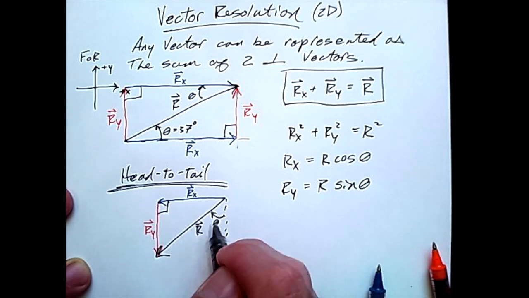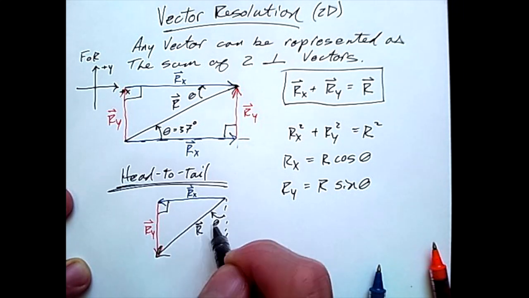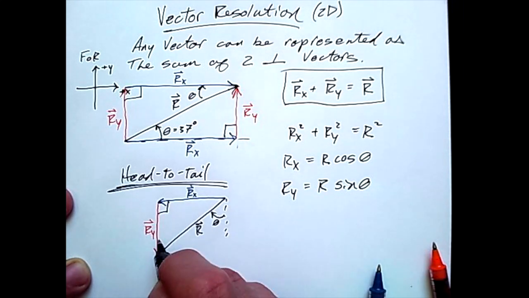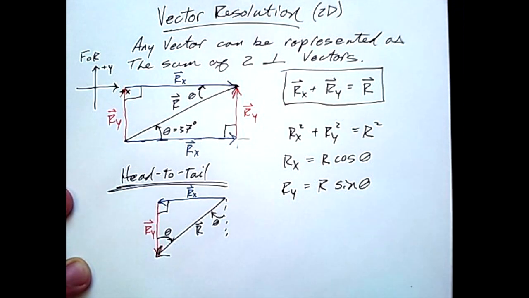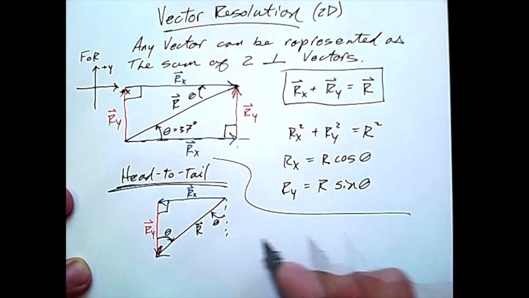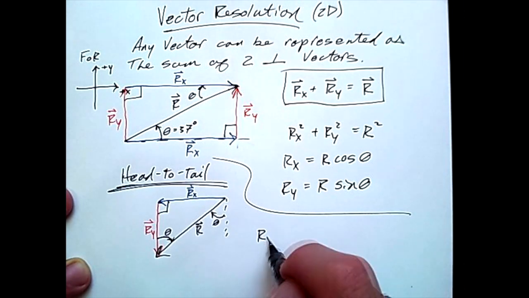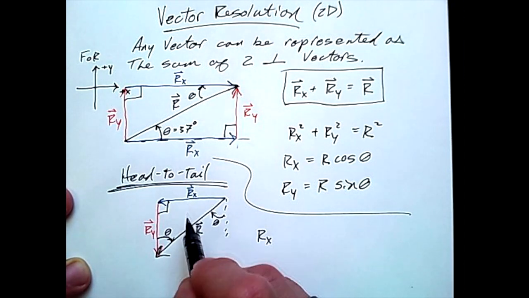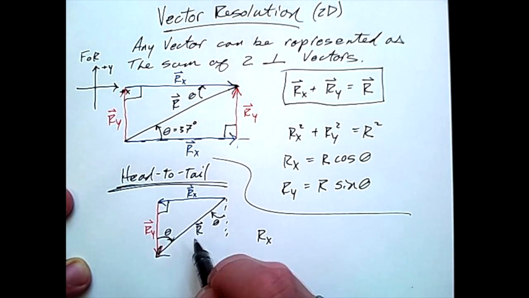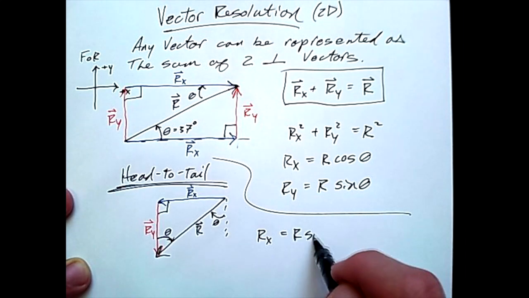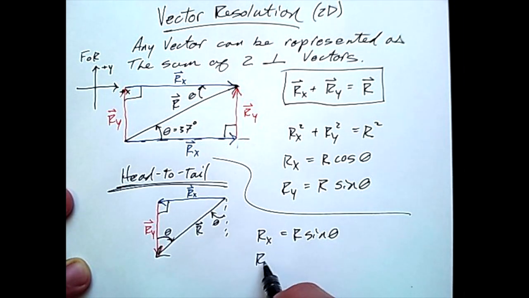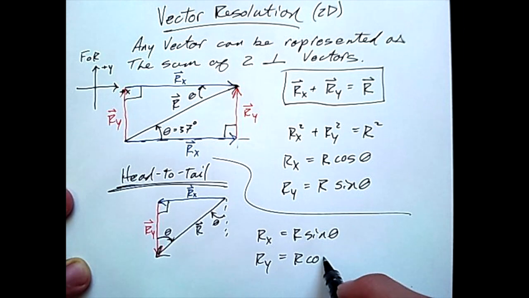In this particular diagram, based on the way I've drawn it, theta would have an alternate interior on this side. And so in this particular case, r x is actually equal to r times the sine of theta, and r y is equal to r times the cosine of theta.